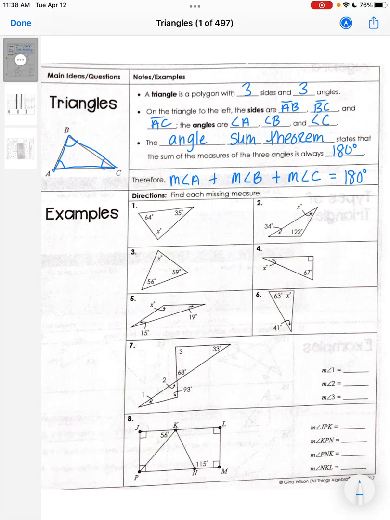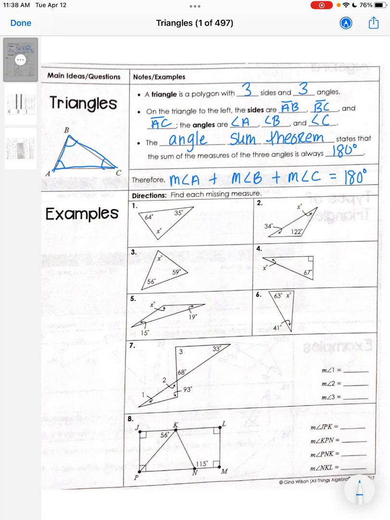So we have some examples. Looking at number 1, you have a triangle that's 64 degrees, 35 degrees, and x degrees. So we need to find the missing measure. Just like we said above, all 3 angles added together are going to equal 180 degrees.